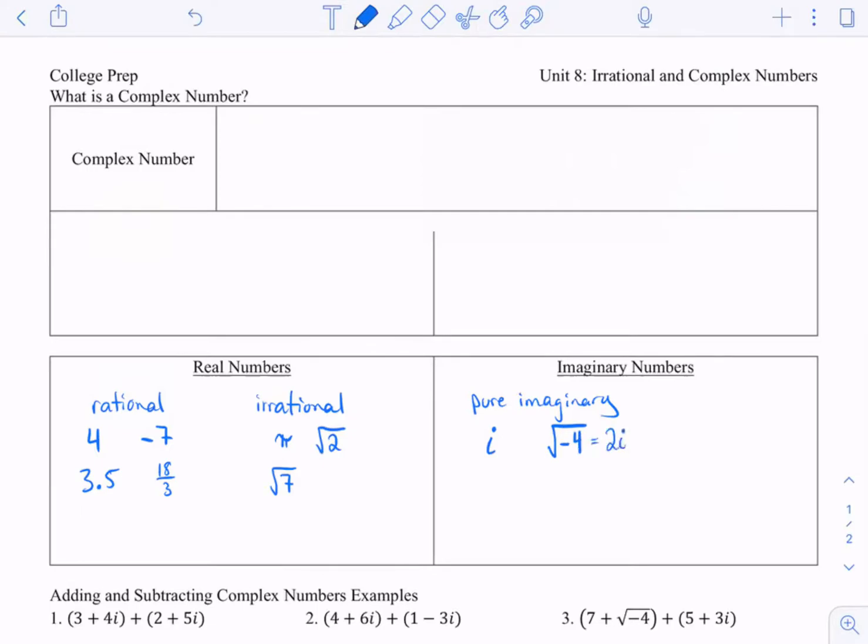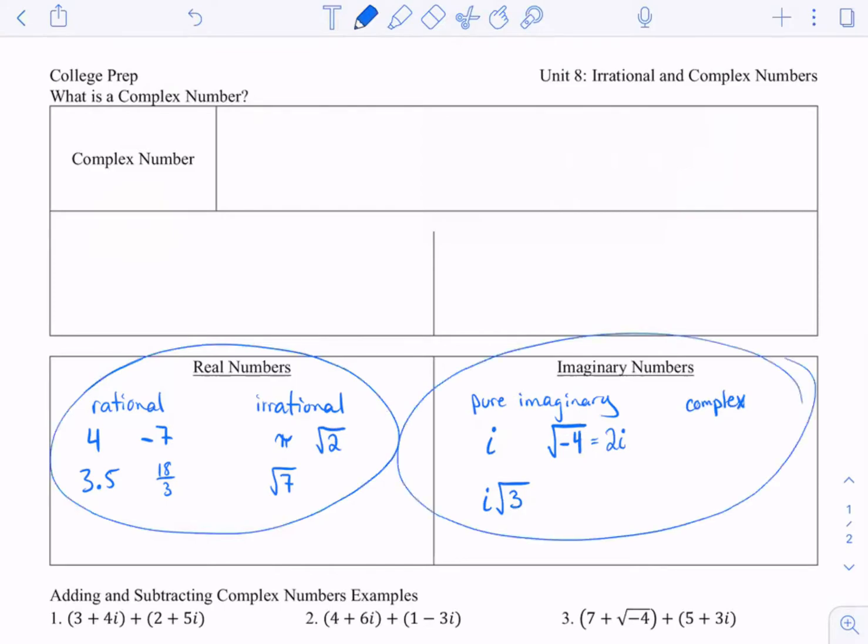Or you have i times the square root of 3. So these are all pure imaginary because it's just one monomial, one term that is imaginary. The other type of imaginary number is called a complex, where you're combining one of these and one of these.